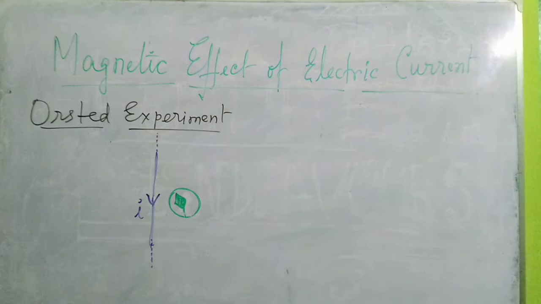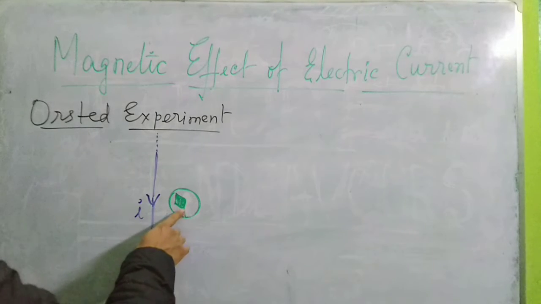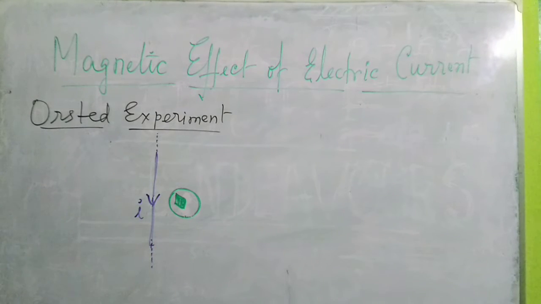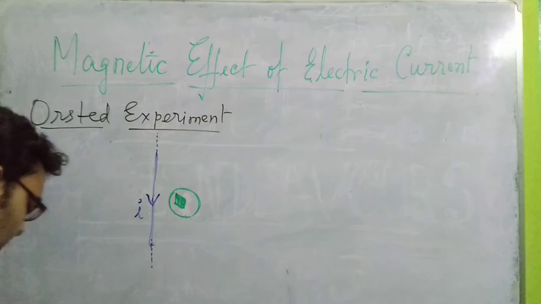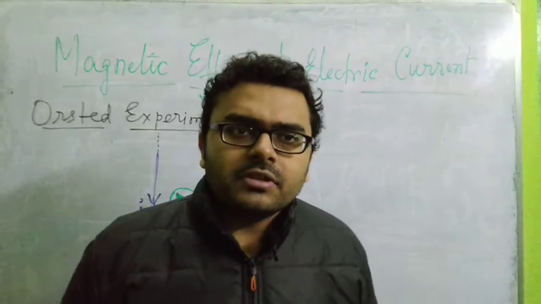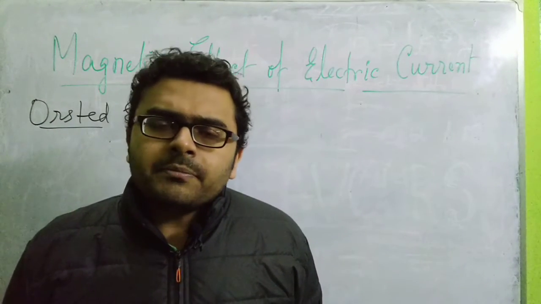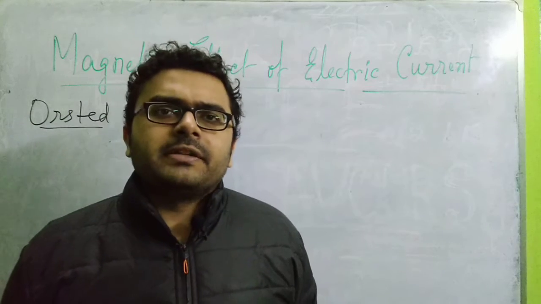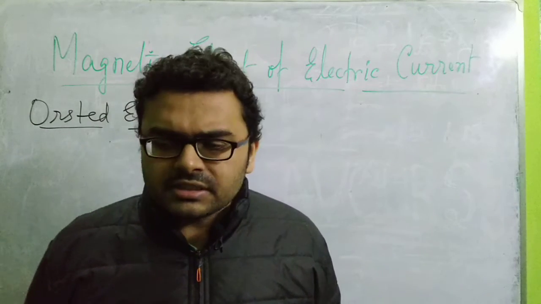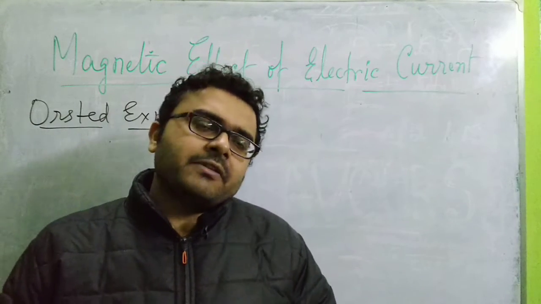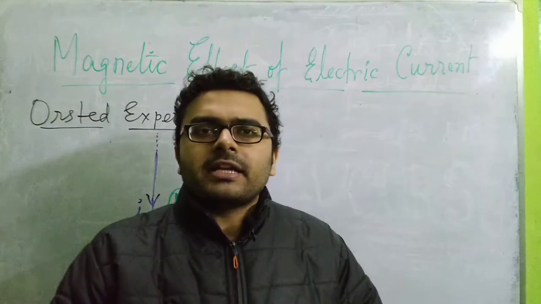So it was observed that the magnetic needle got deflected when it was kept near a current carrying conductor. You can easily understand that a magnetic compass can only be deflected in the presence of a magnetic field, that is, when it is kept near a magnet.